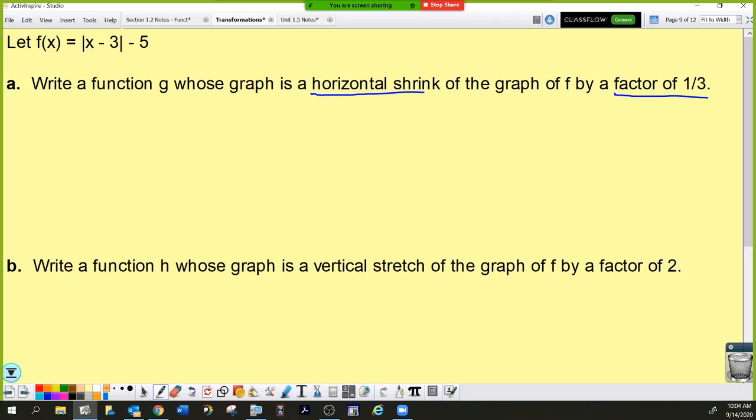X's. So this is an x change. Do x changes happen on the inside or the outside? Inside. X changes are inside. And are inside changes same or opposite? Opposite. Good. And now, because I said stretch or shrink, I know I'm going to be using a multiplication.